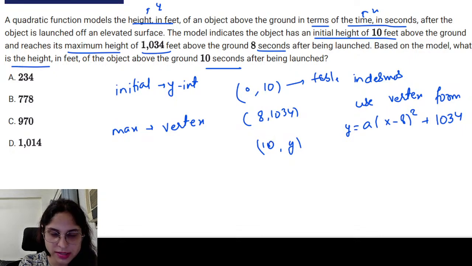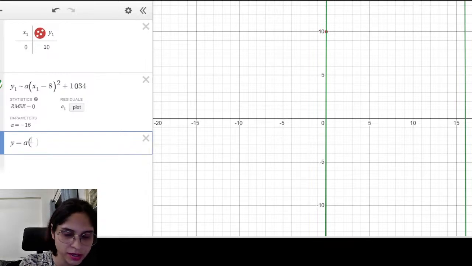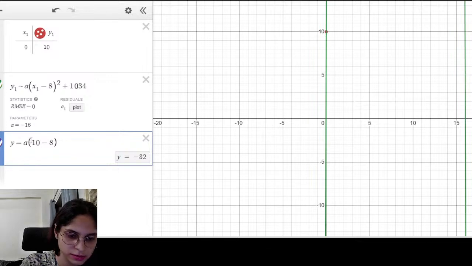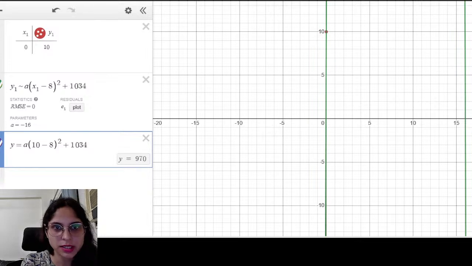And now the value of x is given as 10, you have to find y. You write exact same thing, y equals a times x is 10 minus 8 whole squared plus 1034. You will get y is equal to 970, that's the answer.